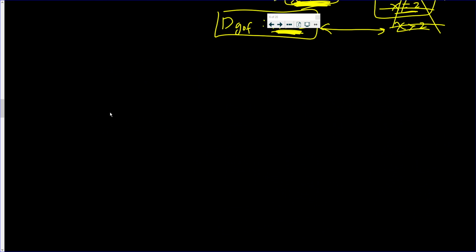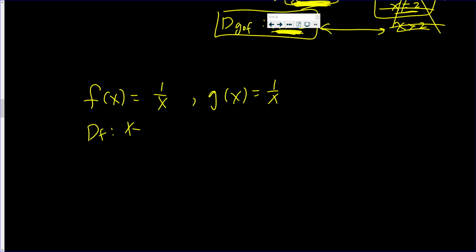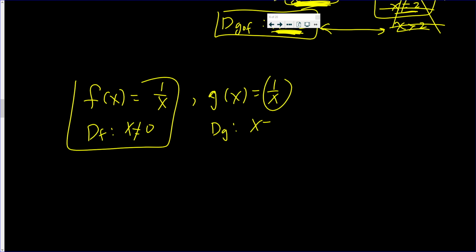One last one. If f of x is 1 over x, and g of x is also 1 over x, the domain for f is x cannot be 0. The domain for g is you can't divide by 0.